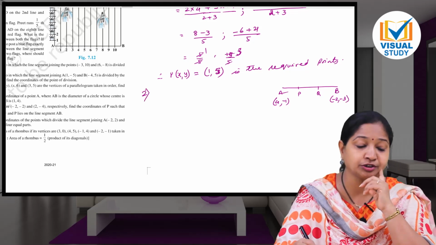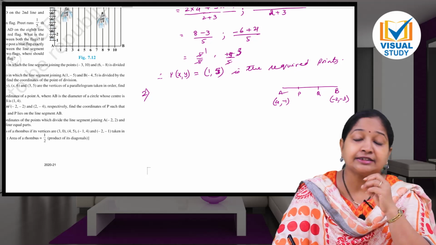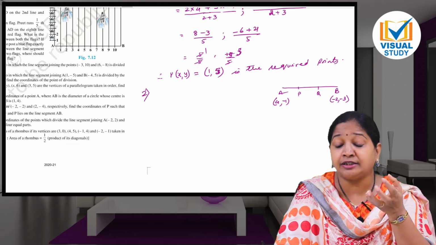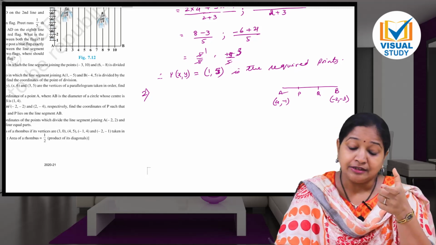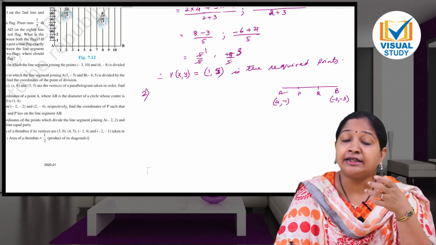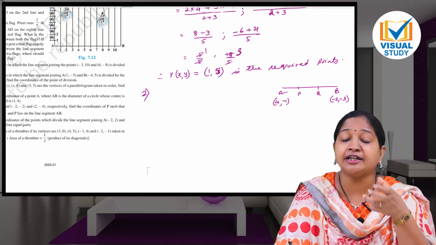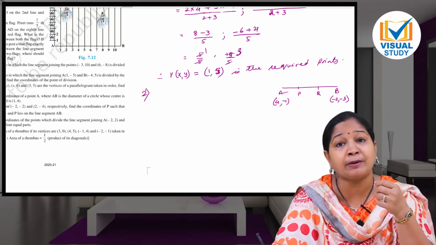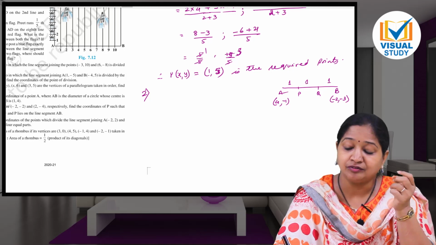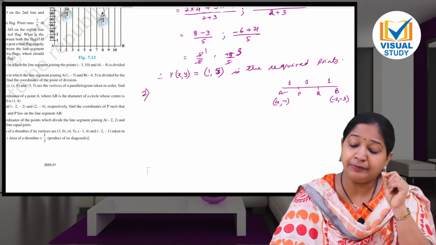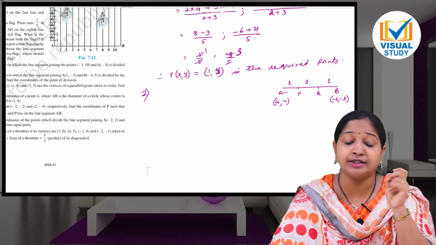So for the second question, trisection, they have not given the ratios. But what they have said is that the line segment is divided into 3 equal parts. That means all the parts are equal. So we'll take the ratio 1:1:1, that is AP is 1, PQ is 1 and QB is 1.